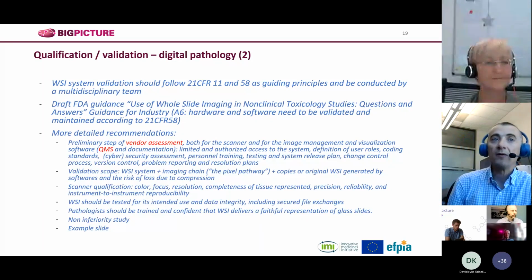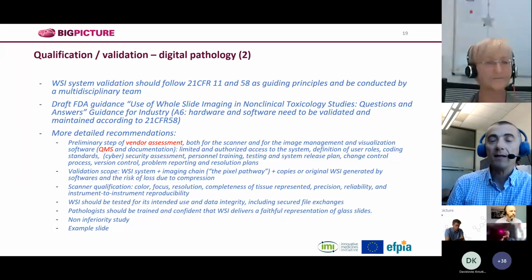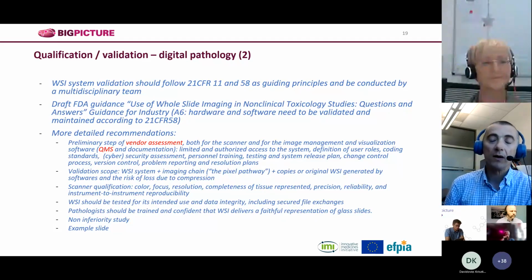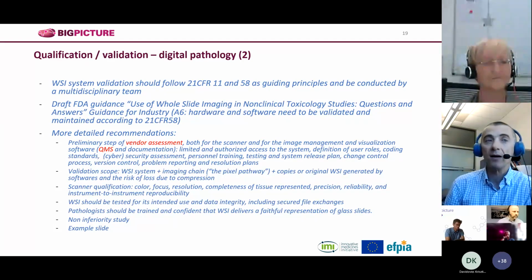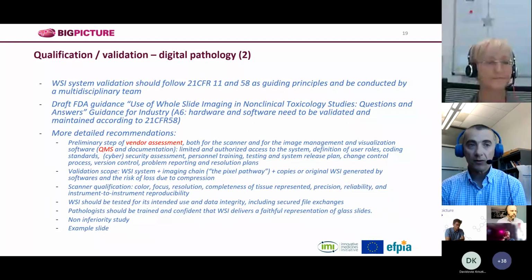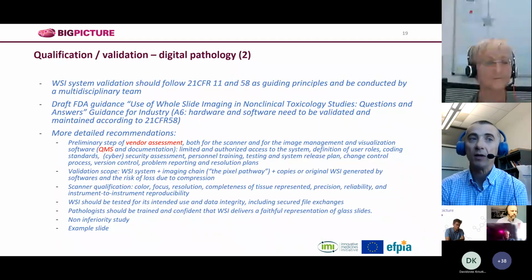Then the scope of the validation has been referred to as the pixel pathway. The idea is really to follow from the generation of the virtual image up to the end of it, including archival. And we should make sure that there is no loss of information all along the image chain. In terms of the scanner itself, there are technical parameters that can be taken into consideration.